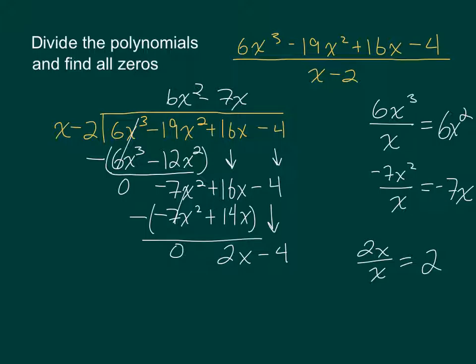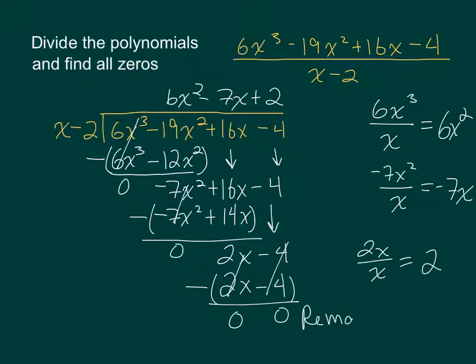So we come all the way up here and we line this up with the constants. And again, we distribute this 2 to the x and this 2 to this negative 2. And when that happens, you get 2x minus 4. We subtract these things. 2x minus 2x reduces away to 0. Negative 4 minus negative 4 reduces away to 0. So we have a remainder 0.